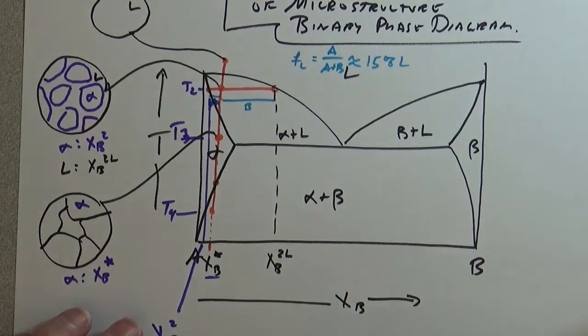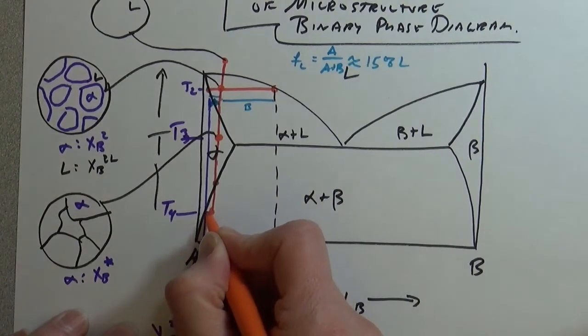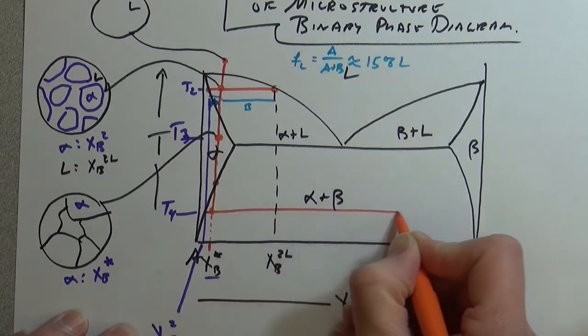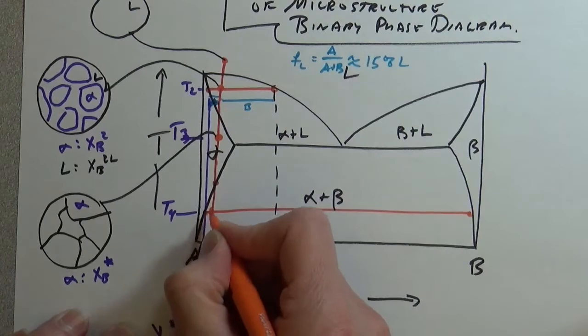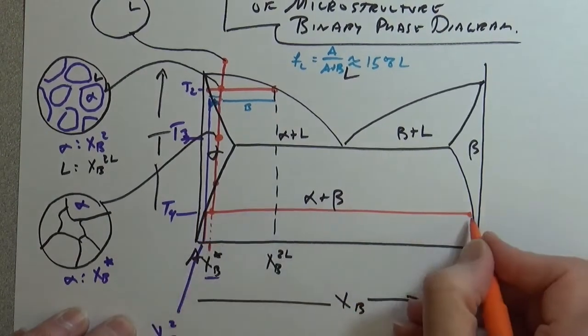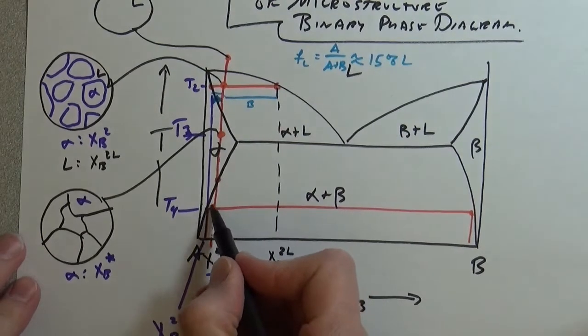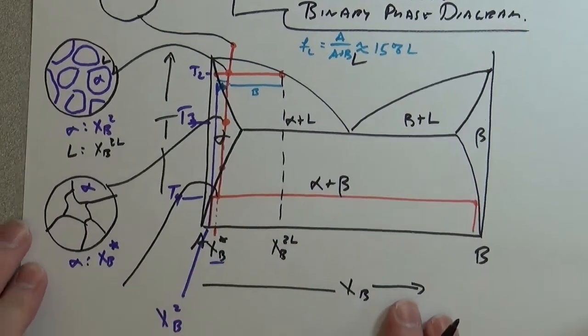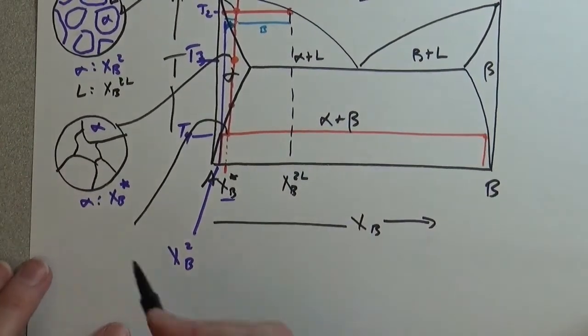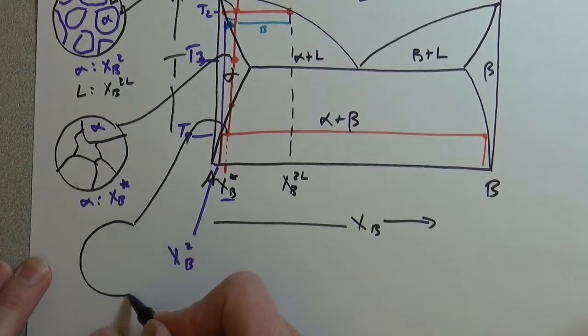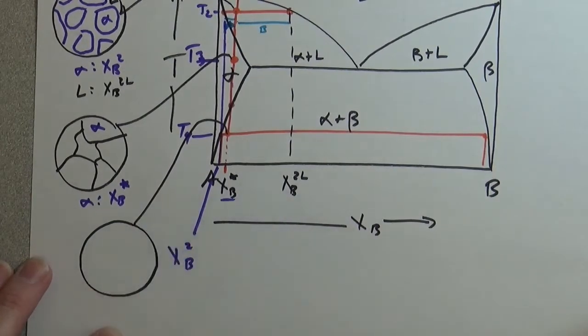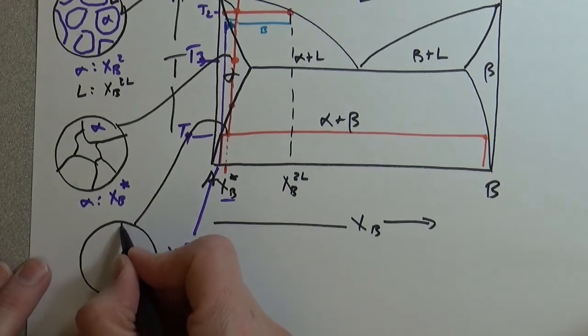We draw our tie line in the two-phase region. And our microstructure at this point looks like this. It's mostly alpha.